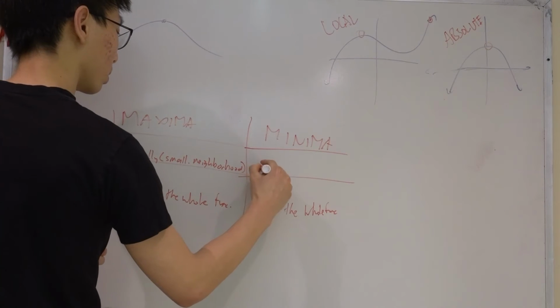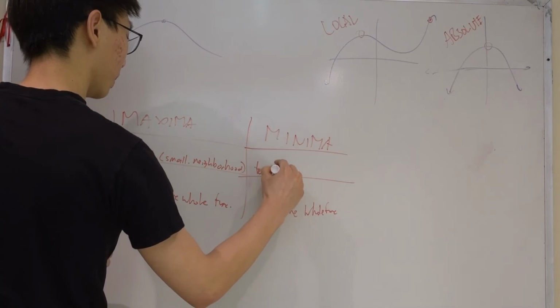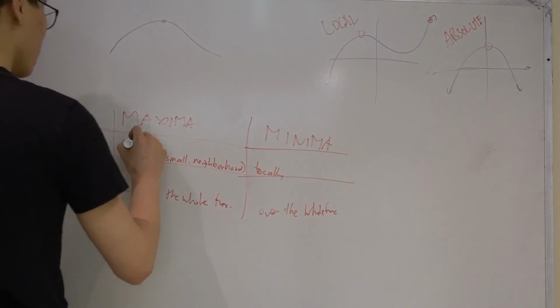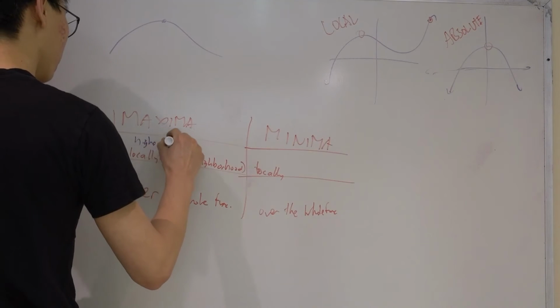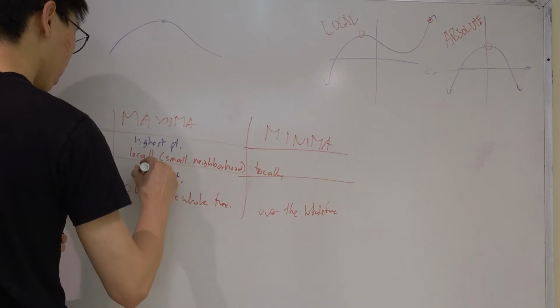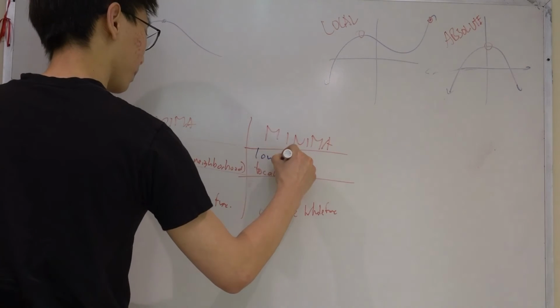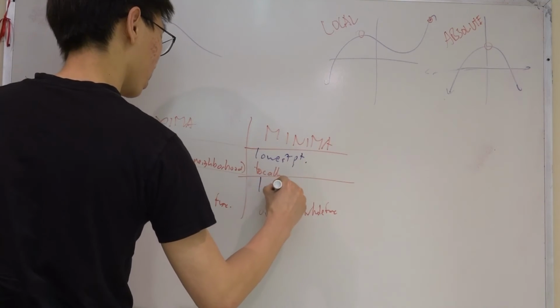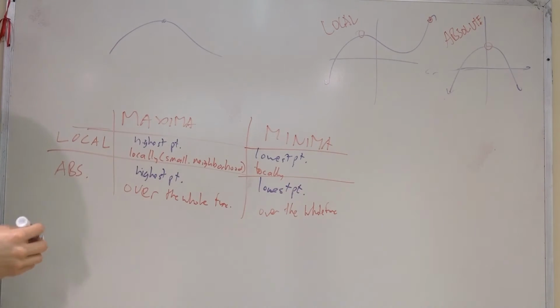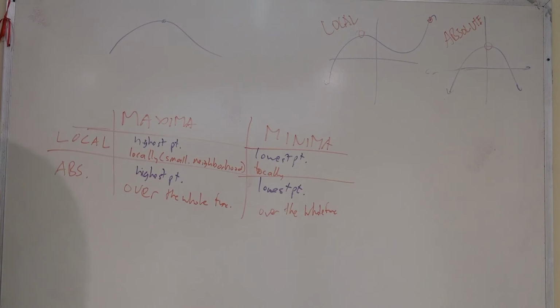And maxima just means highest point. And this is the lowest point. So hopefully those two concepts are pretty easy to understand.